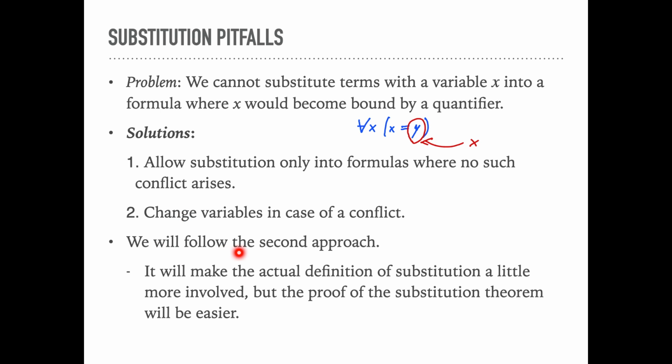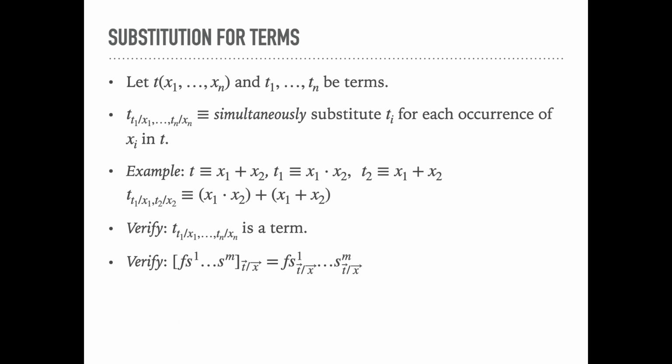We will follow here the second approach. It will make the actual definition of substitution a little bit more involved, but the proof of the substitution theorem will be easier. As usual, when we want to define something for formulas, we first have to do it for terms.